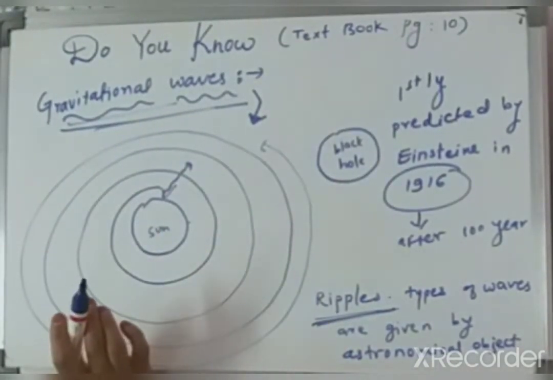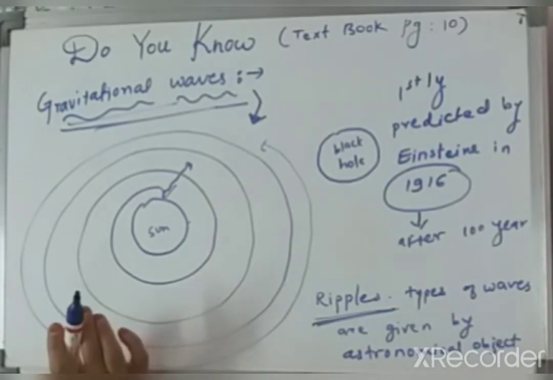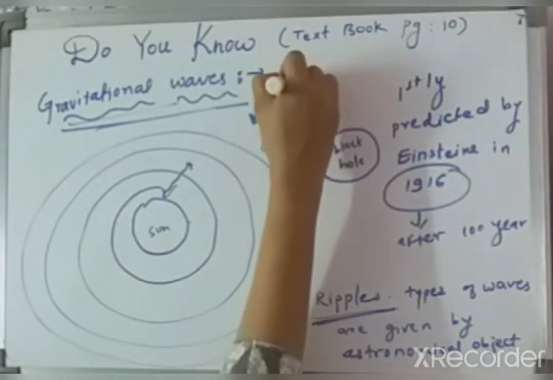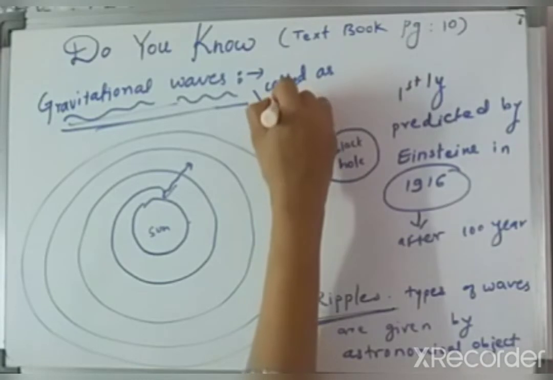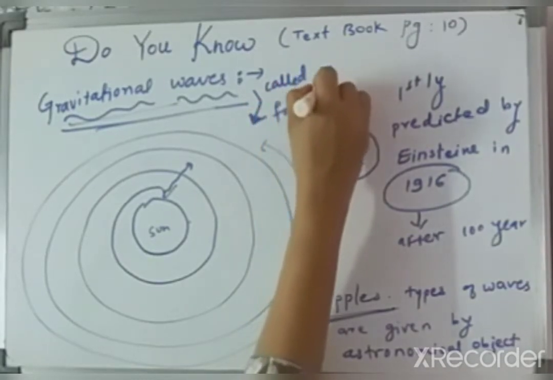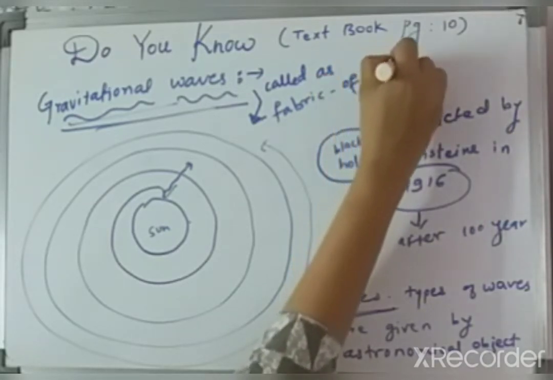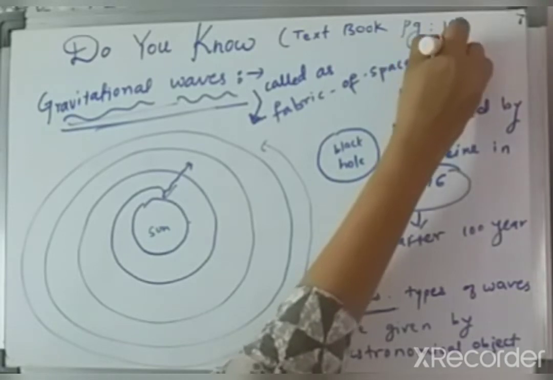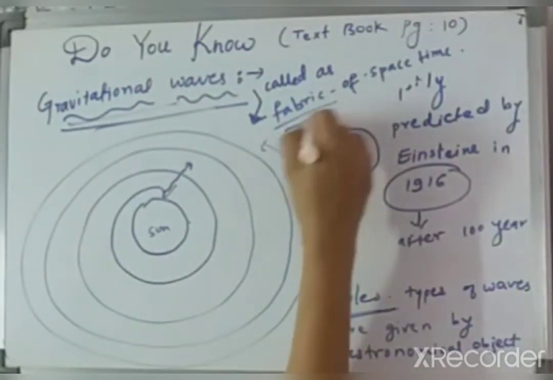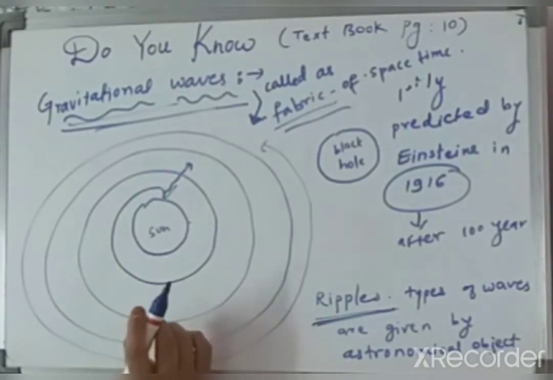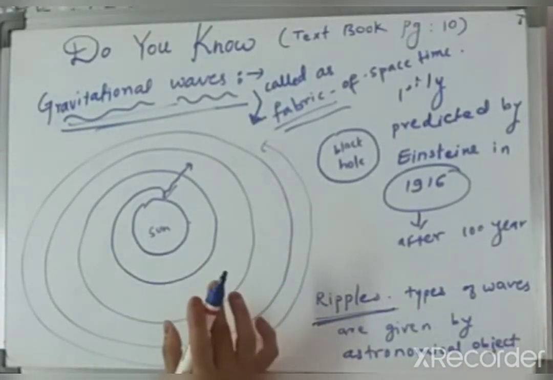So gravitational waves are very different types of waves, and they have been called the fabric of space time. These waves are called the fabric of space time, and these were predicted by Albert Einstein before 100 years.